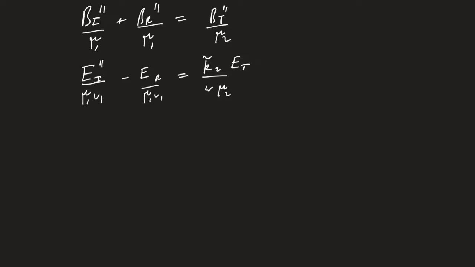And so this simplifies as E incident minus E reflected is equal to K2 tilde times V1 mu1 over omega mu2 times E transmitted.